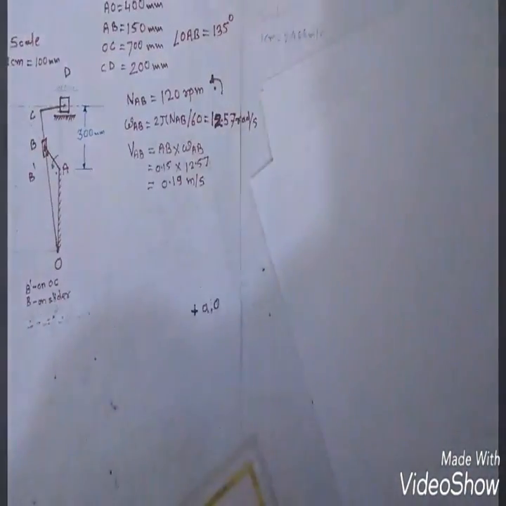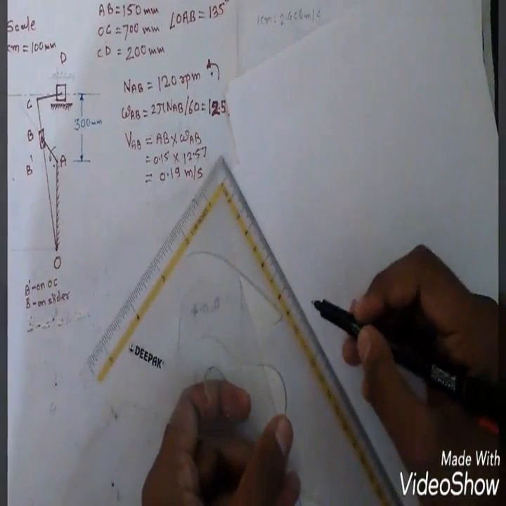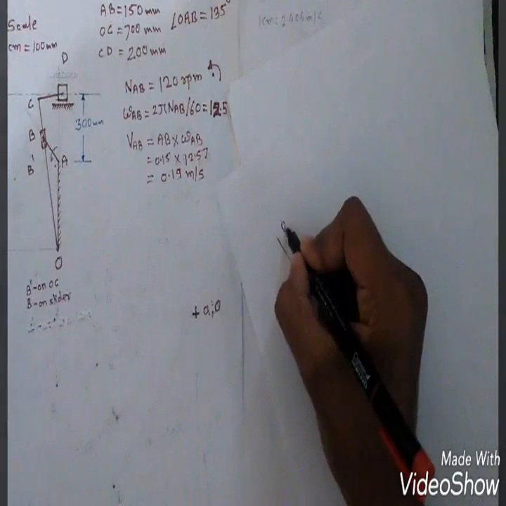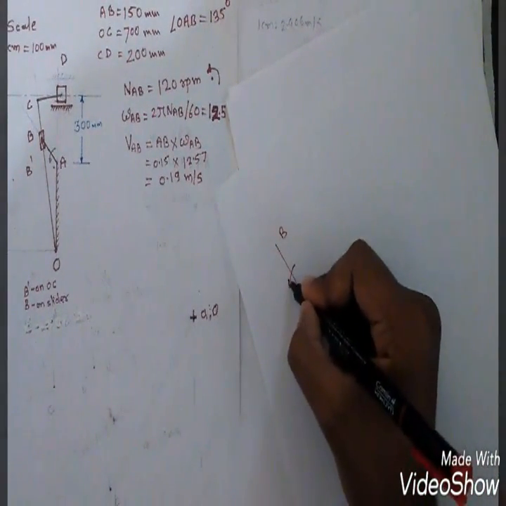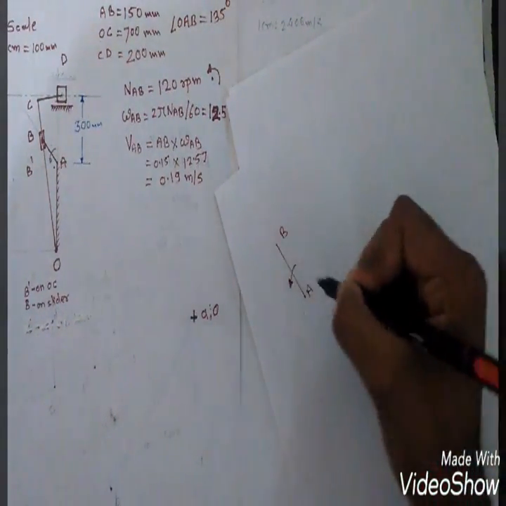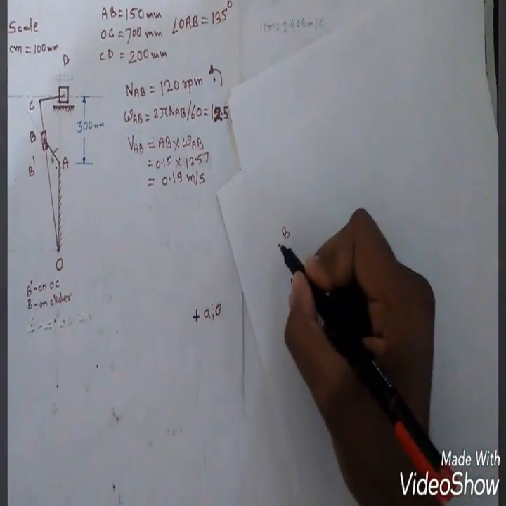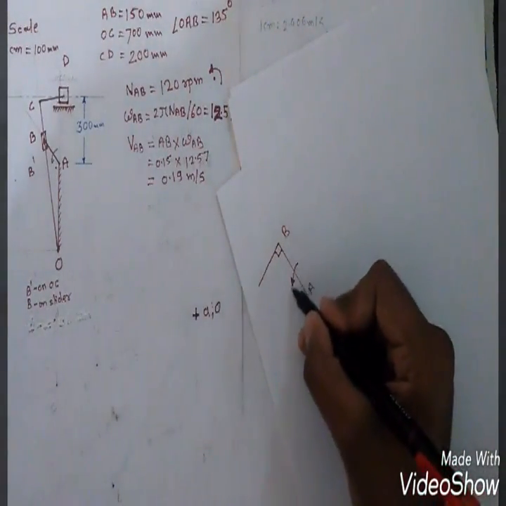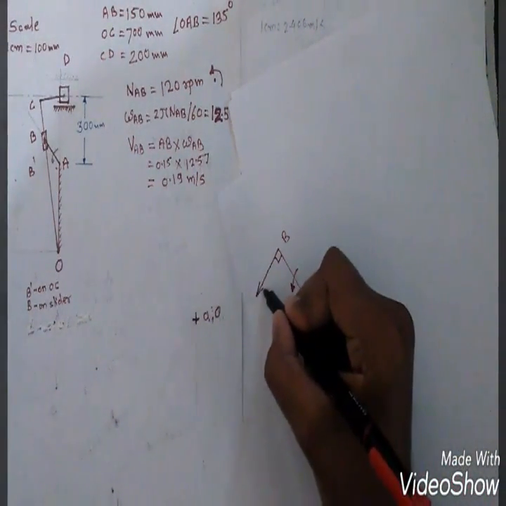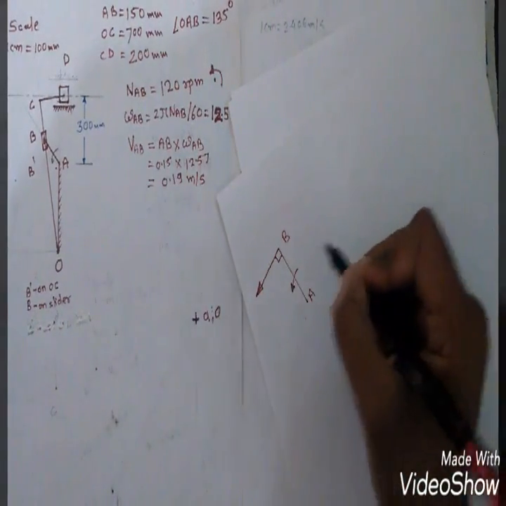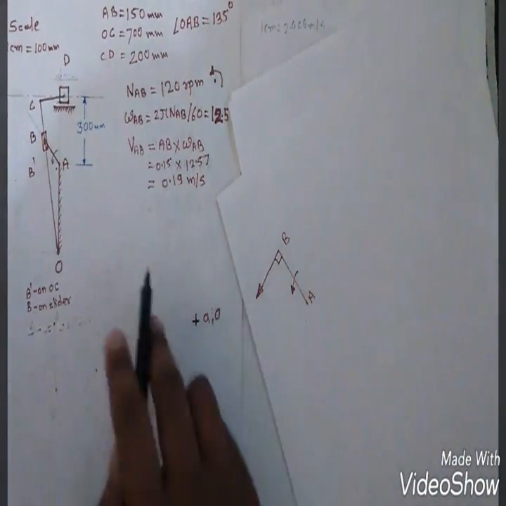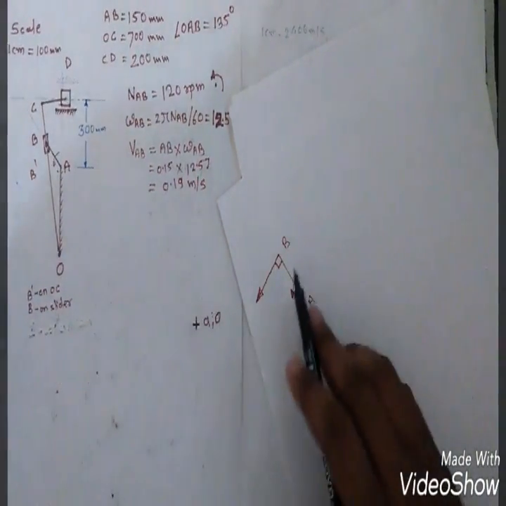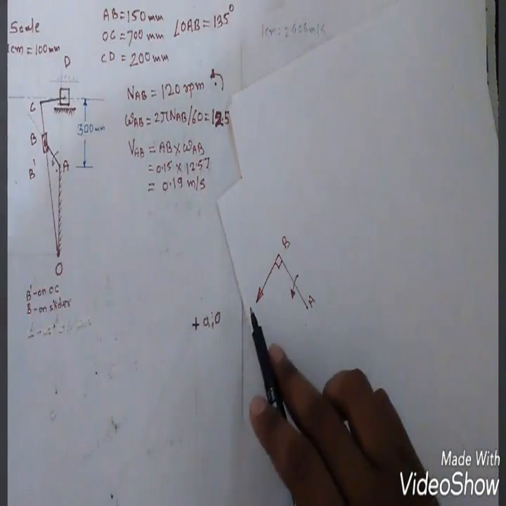We know that for link AB, which is rotating in a counterclockwise direction, the velocity vector of link AB is perpendicular to AB and towards the direction of angular rotation, that is in this direction. And for this vector we have calculated magnitude 0.19 meter per second, and now we have the direction, that is in this direction.